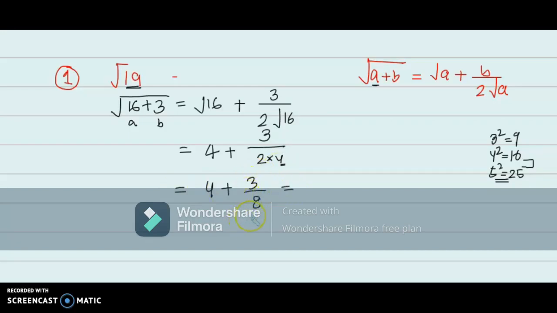Now 3 by 8, if you solve it further, 1 by 8 is 0.125, so 3 by 8 is 0.375. So we get 4.375. This will be the answer for this question. So root 19 is 4.375.